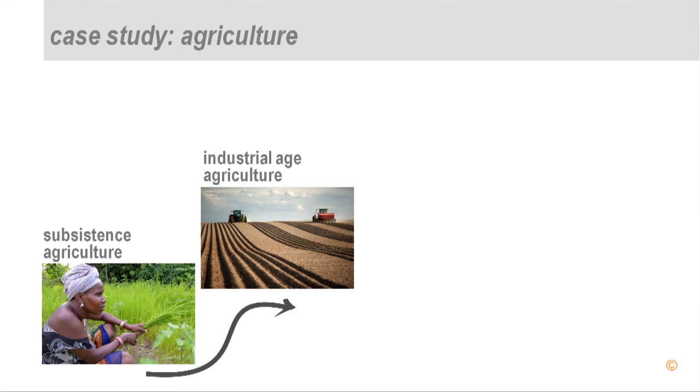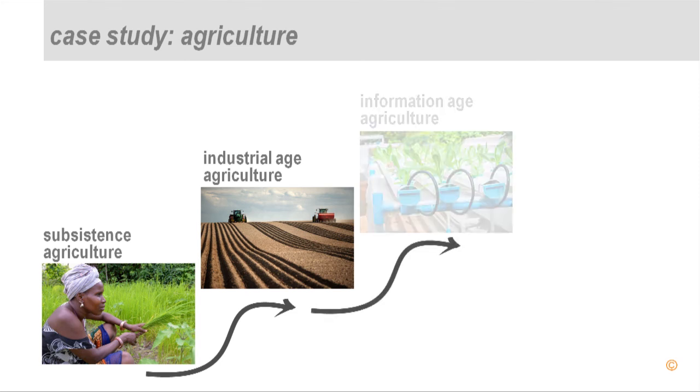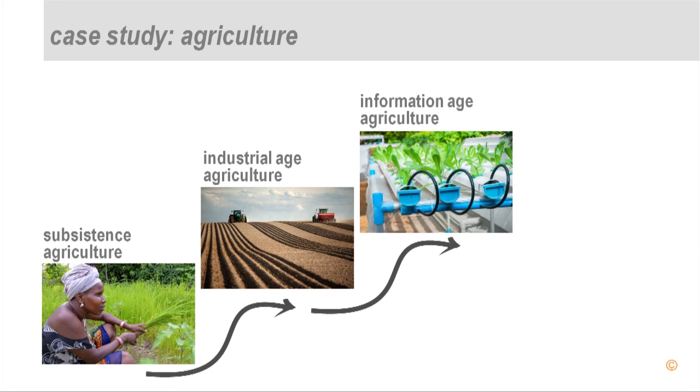As soon as industrial agriculture is reached, we need another transformation into information agriculture, for example, computer-controlled irrigation, temperature control, etc. And when that reaches its limit, there will have to be some other form of agriculture.